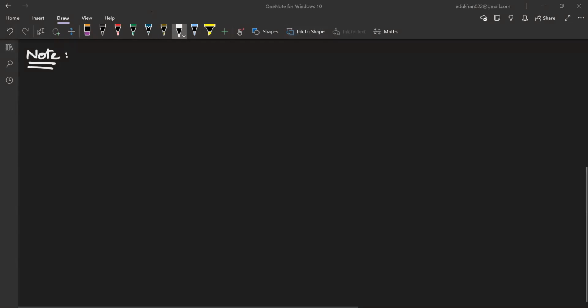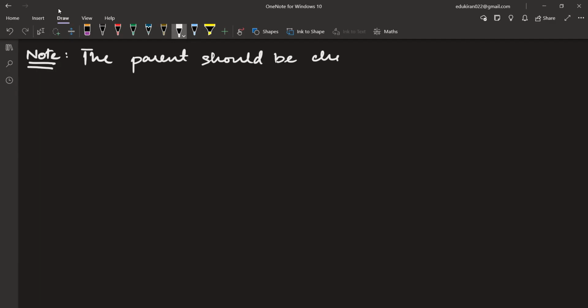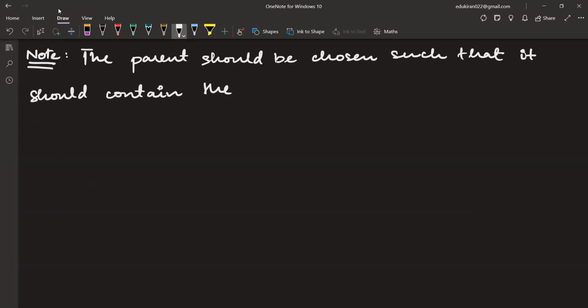Now, this is very important. Please write with me. Then I will explain if you don't understand. The parent chain should be chosen such that it should contain the functional group.